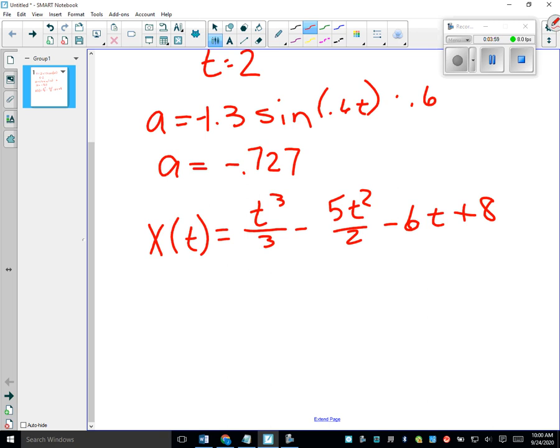Why do you find the derivative? Because it is at rest when the velocity is 0. So find the velocity and set it equal to 0. Tell me when it is at rest.